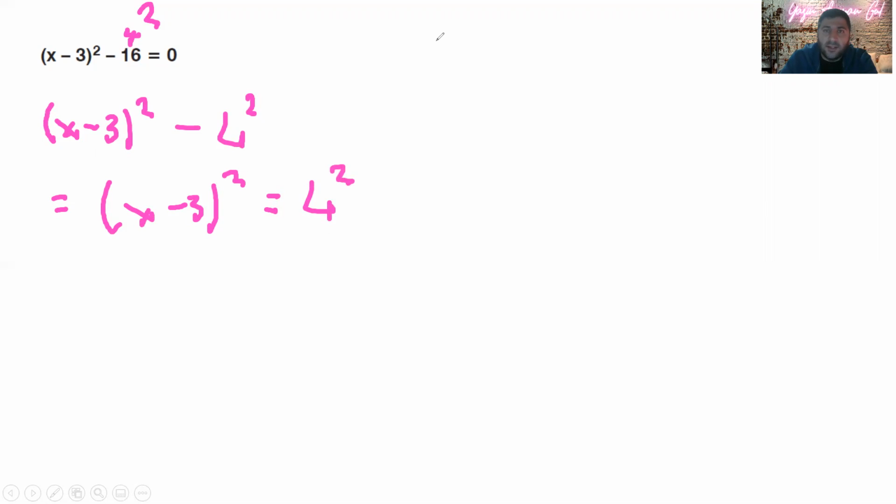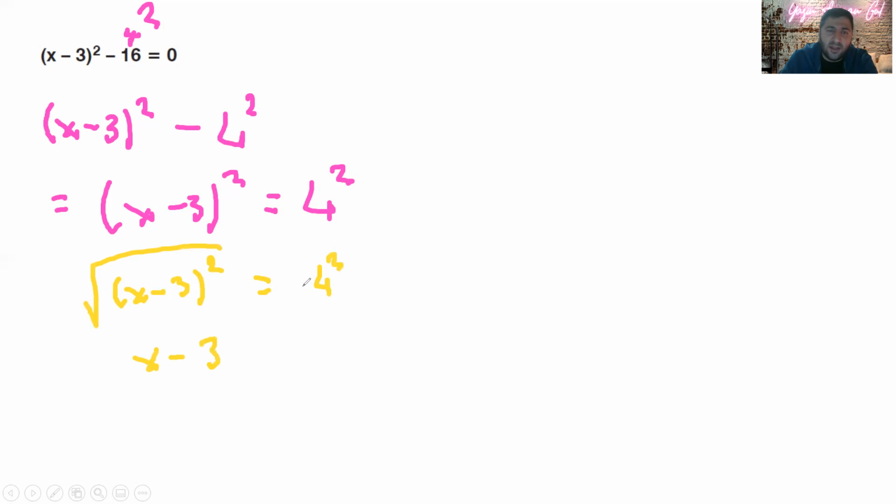Then if I take the square root of both sides, x minus 3 to the power of 2, guys, I'm just going to write it here again. x minus 3 to the power of 2 equals 4 to the power of 2. If I take the square root of this, it's going to be x minus 3.